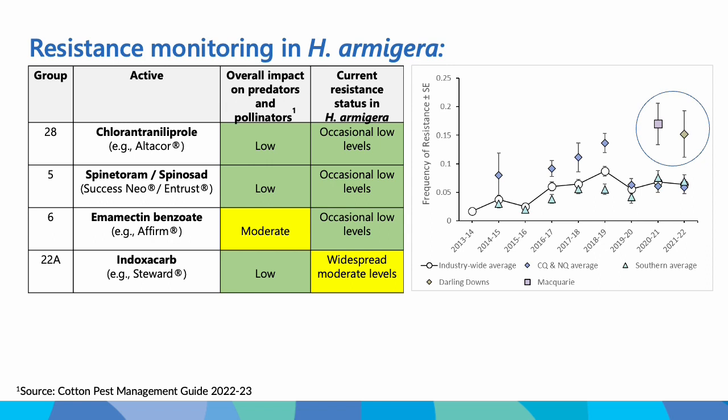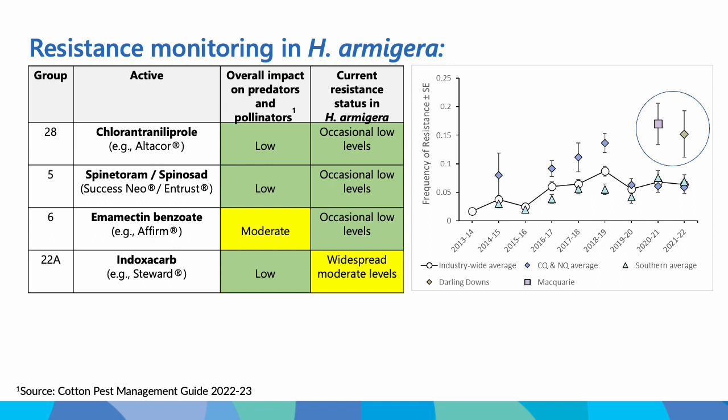So indoxacarb is also rated as low for non-targets, but there have been elevated levels of resistance detected to indoxacarb, particularly in central and northern Queensland, where levels peaked in 2019. But those levels have dropped off from about 2020 onwards, presumably as a result of low host availability during the drought, which obviously meant less spraying and less selection for insecticide resistance.